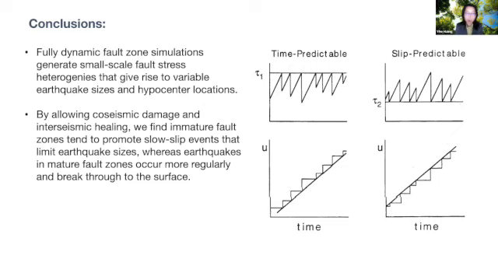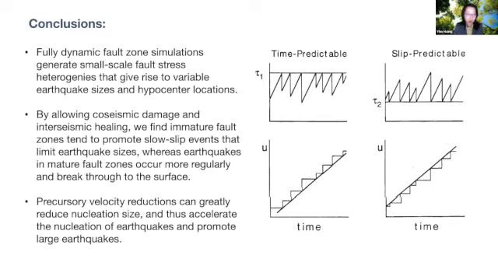So for example, when we have co-seismic damage and interseismic healing, we see that in the immature fault zones, we have slow slip events that can propagate into the velocity weakening region and limit the earthquake sizes. But when we have the mature fault zone scenarios, we actually have a very regular occurrence of surface rupturing events.